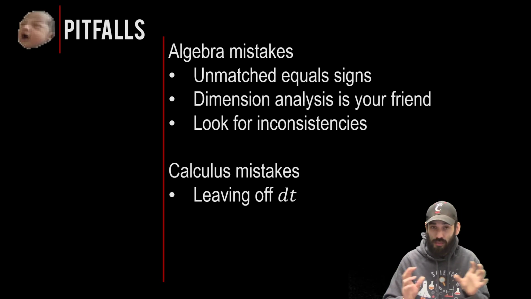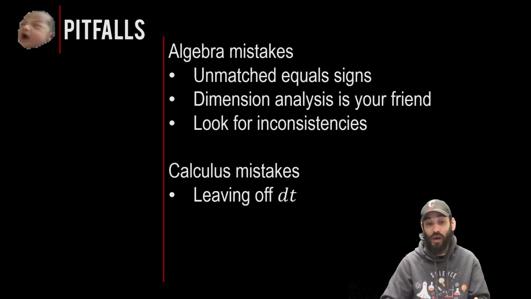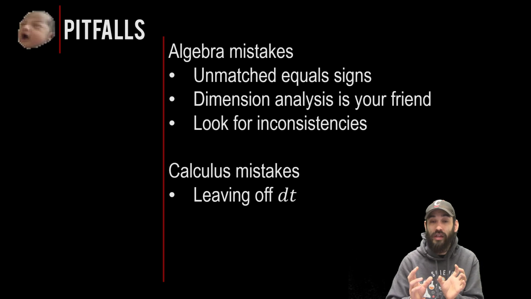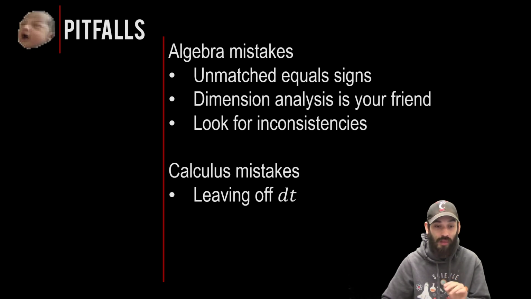At this point, this might not seem like as big a deal, but later on when we're talking about things like the ideal gas law, or Bernoulli's equation, these are all things that have a lot of pieces in them. And you want to make sure that when you're evaluating the integral, or taking a derivative, you're doing it with respect to the correct variable. So early on now is the time to catch missing dt's, or whatever infinitesimal you're integrating with respect to. It'll help you a lot later, I promise.